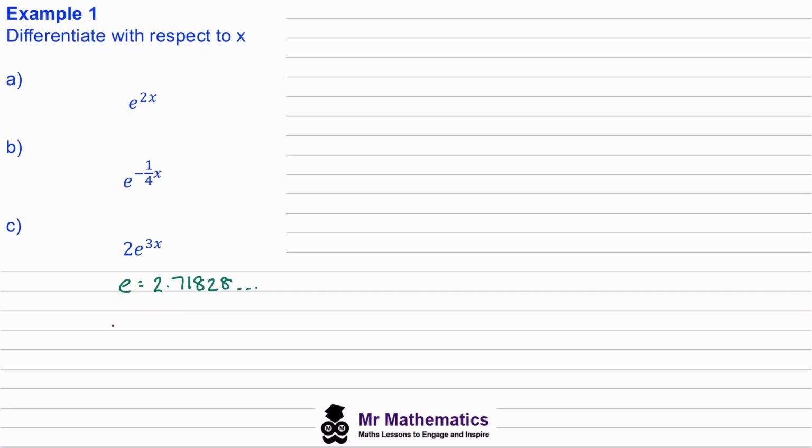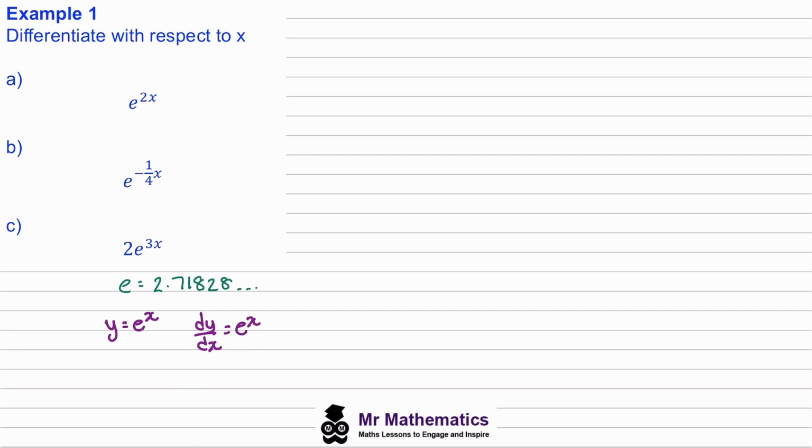So the property is, when we have y equal to e to the x, the gradient function dy by dx is exactly the same, e to the x. And this is really useful in all kinds of areas of maths. In this video, I'm going to show you how we can differentiate exponentials using this property.